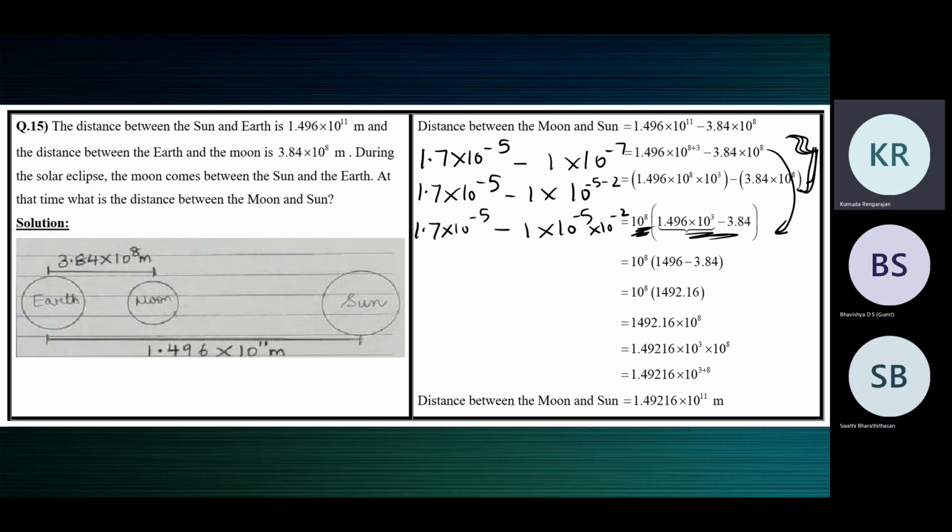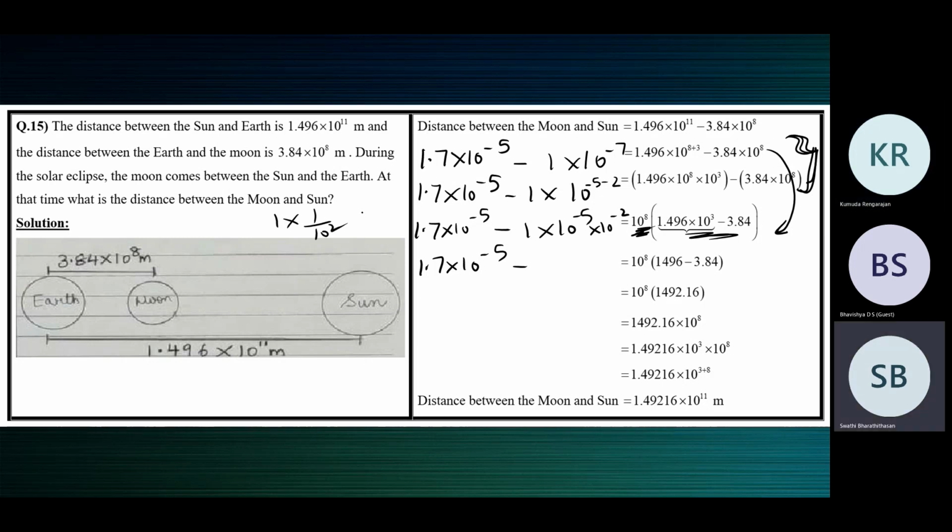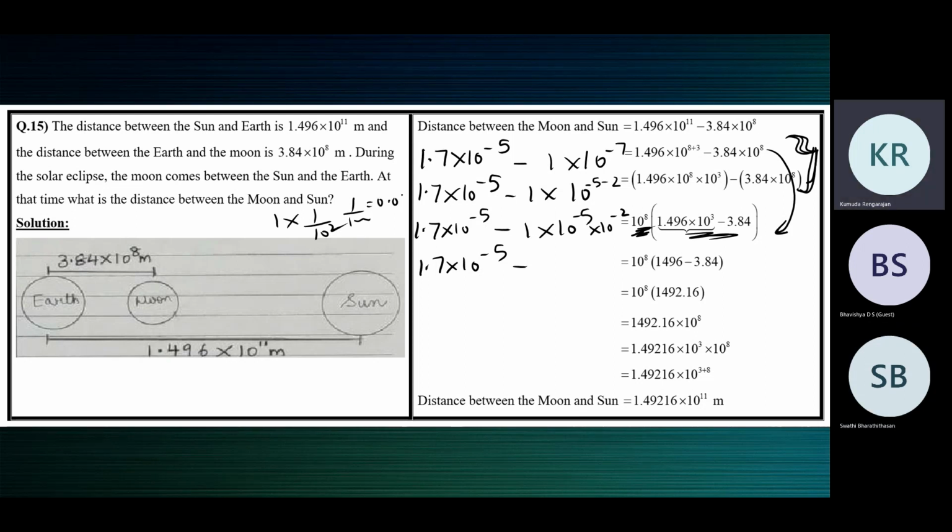Understood. Now 1.7 into 10 to the power minus 5 minus, what is 1 into 10 to the power minus 2? That means 1 into 1 by 10 square, right? Yes, ma'am. 1 by 100, 0.01.